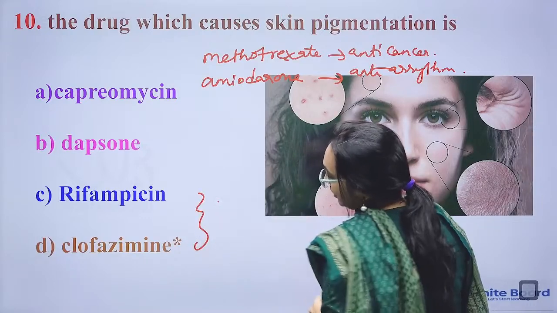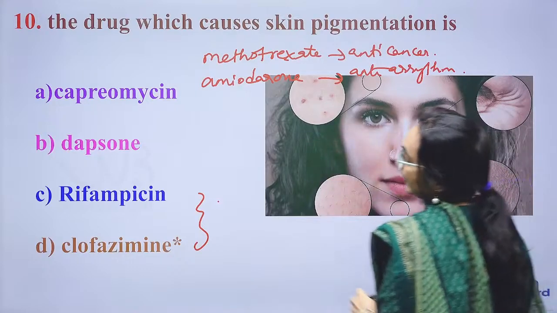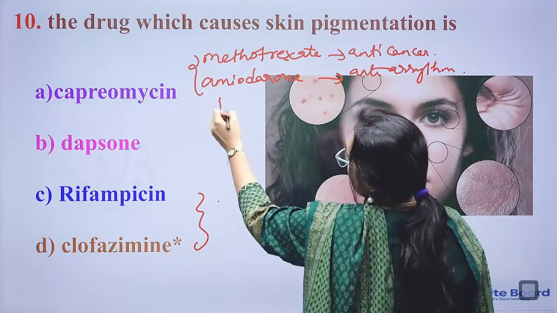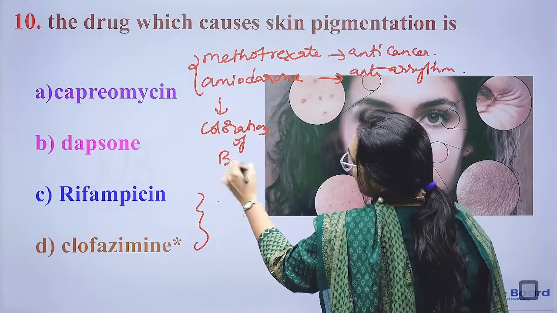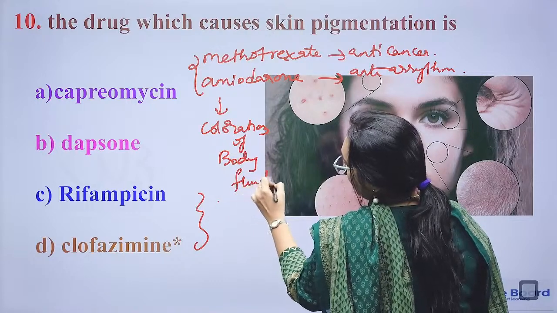Clofazimine and rifampicin are the drugs which cause coloration of body fluids.